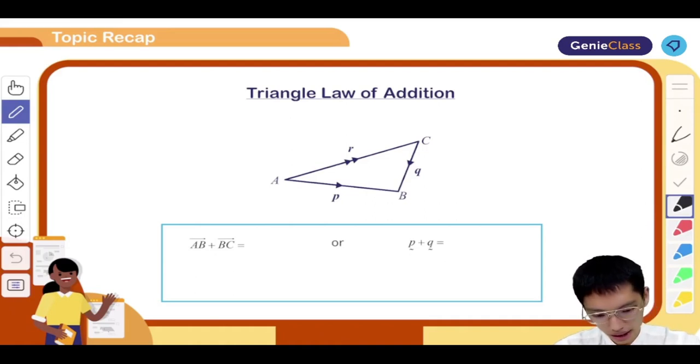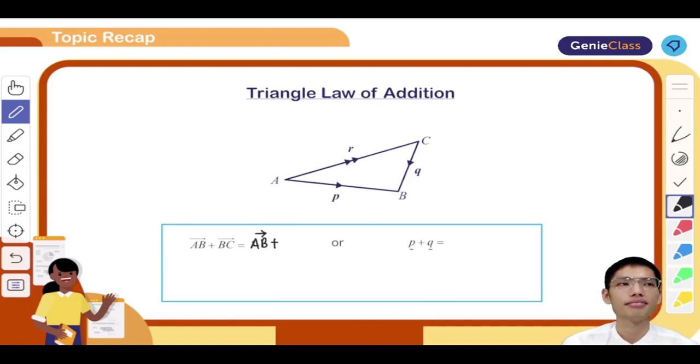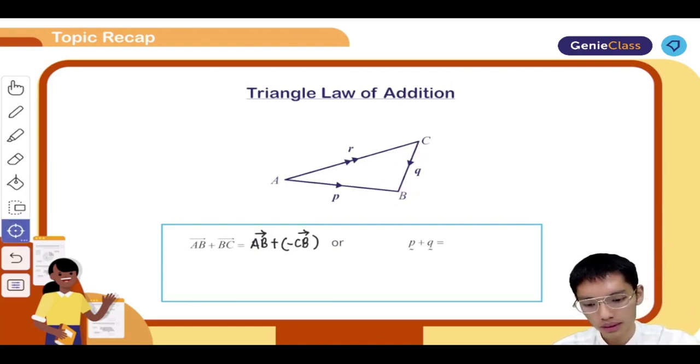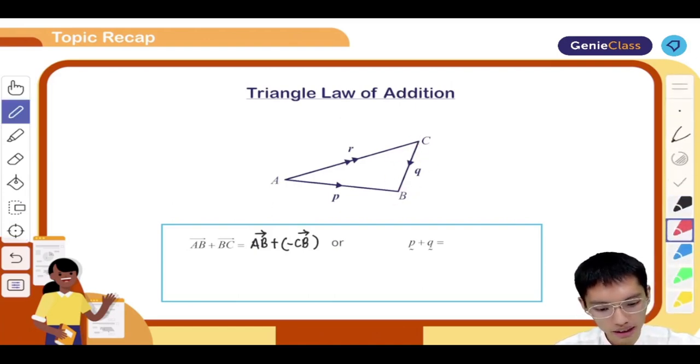By flipping the vector, in this case AB, I don't have to flip it. But by flipping the vector, what am I doing to this vector? I am multiplying it by, let's recap, -1. So B to C is negative C to B. It's the opposite. So if I were to flip this around, I need to multiply this by -1 to get it to BC.